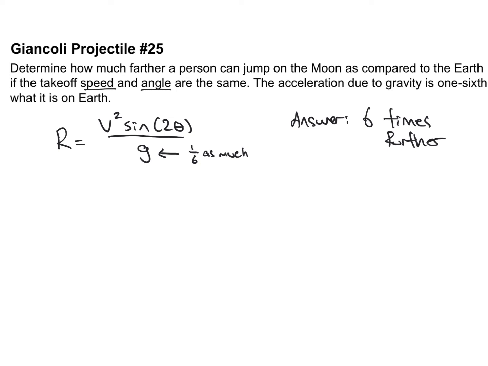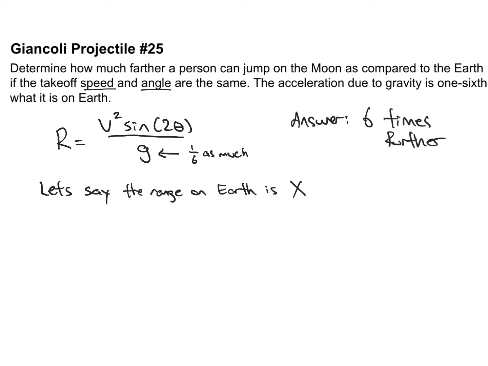If you're still unsure, you can always work with some fractions here. So for example, let's say the range on Earth, you calculated it all out, or they measured it, and it turned out to be some number that we're going to call x.